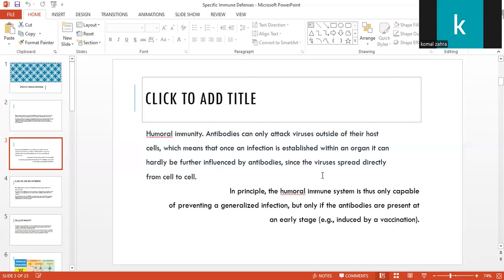So, in principle, the humoral immune system is only capable of preventing a generalized infection, not a localized infection, and only if the antibodies are present at an early stage, induced by a vaccination.